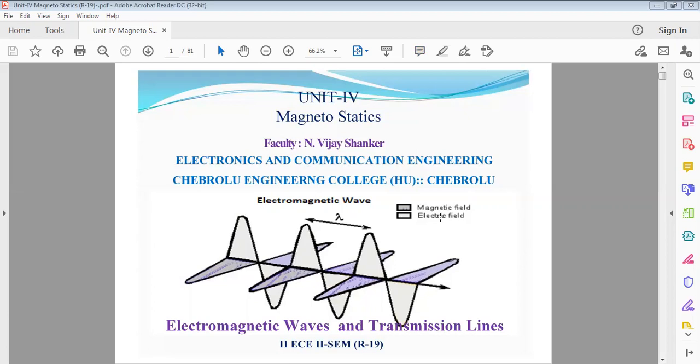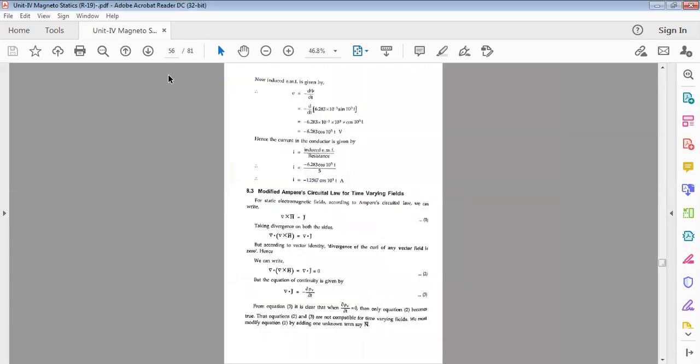In magnetostatics, the Gauss law for the magnetic field is del dot B bar is equal to 0. And the Faraday's law is del cross E bar is equal to minus dou B bar by dou t. And the fourth one is the modified Ampere's circuital law.